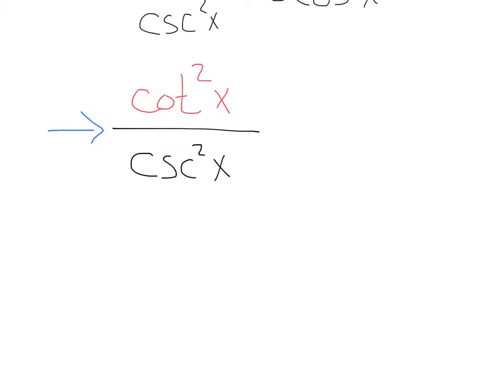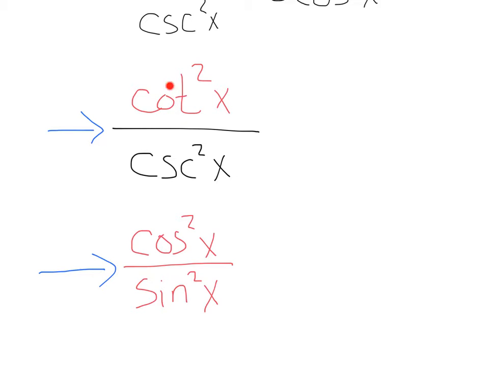Let's see, I don't have any Pythagorean identities, I can't combine any fractions, so why not write this in terms of sine and cosine? Starting with cotangent squared x, using my quotient identity, I know this is equal to cosine squared x over sine squared x. So I just replace cotangent squared x with cosine squared x over sine squared x. Now I have this cosecant squared x.